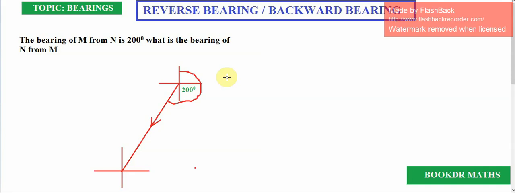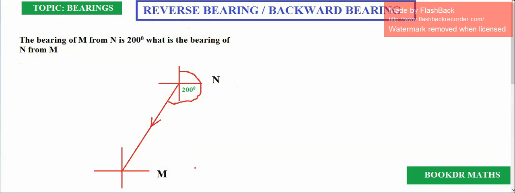Good. We name the relative positions, that is M and N. We know that the angle is supposed to be at N, so this position will be called N, whereas the position here will be called M. The bearing of M from N, the angle will always be at where the from is, from N. Now we are going to calculate the bearing of N from M. What the question requires is the angle here.